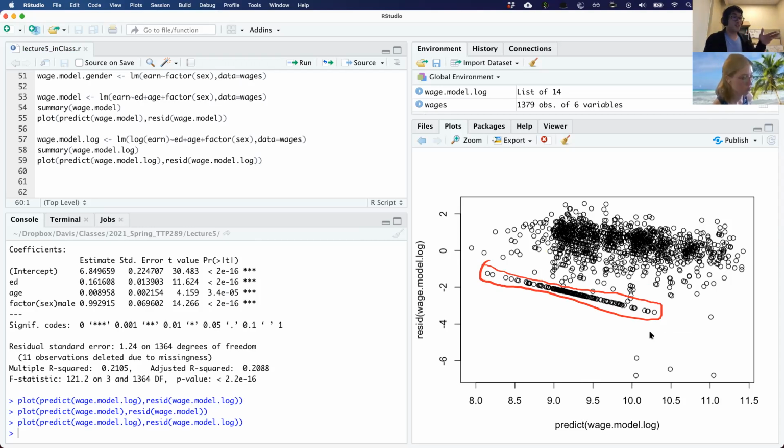You can filter for these points by making an arbitrary line and asking what all the points below that line are. It turns out that all of these have to do with really low income, so these earnings are less than like $2,000, $1,500 a year. And oftentimes you can understand the context of this if you look into the data.